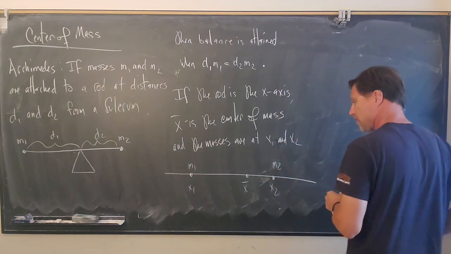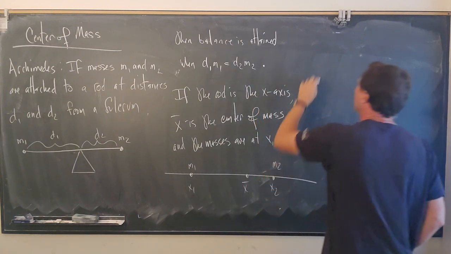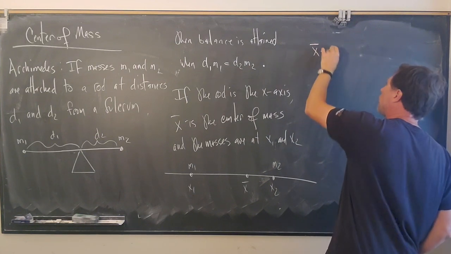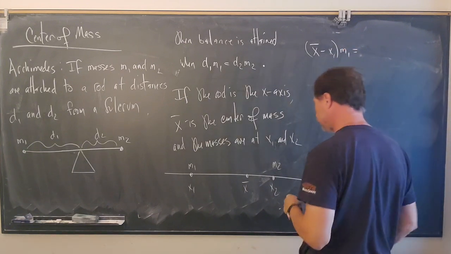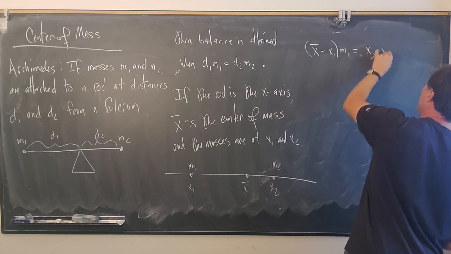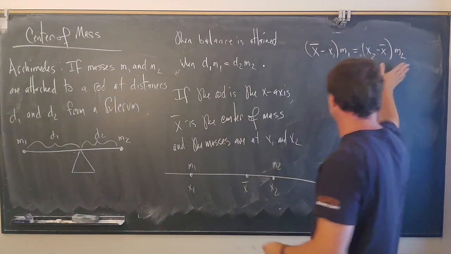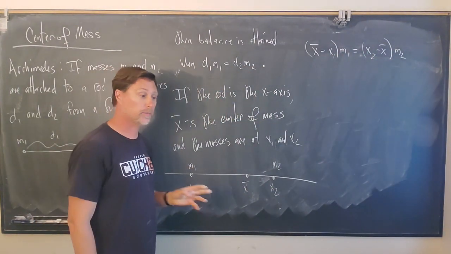So the distance between x1 and x bar, that's x bar minus x1, times m1, has to equal the distance here, that's x2 minus x bar, times m2. So there is Archimedes' principle set up, based on this diagram.